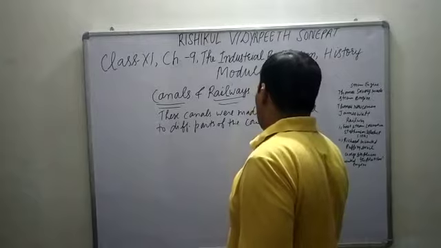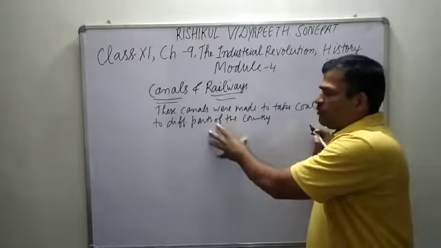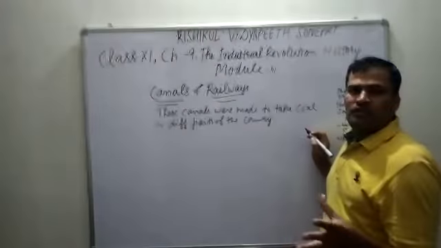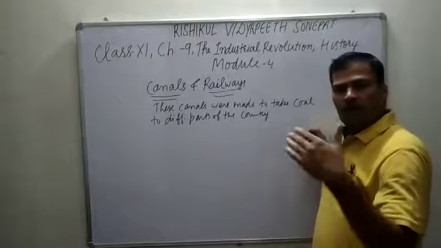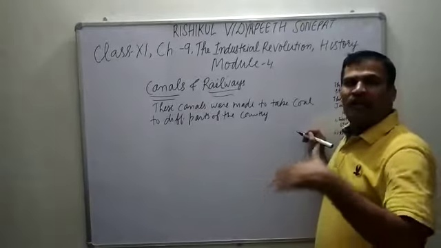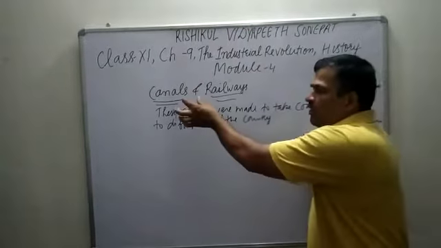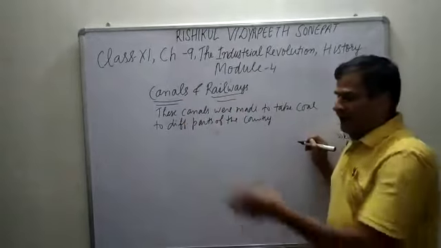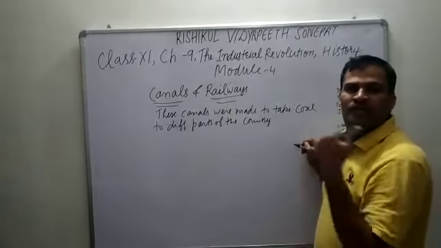Especially Manchester, where the industrialization was there. How was it possible? The canals. Because if it was taken by the routes, it was a time consuming process, very difficult and very expensive also. So to avoid this, canals were made and these canals changed the circumstances.